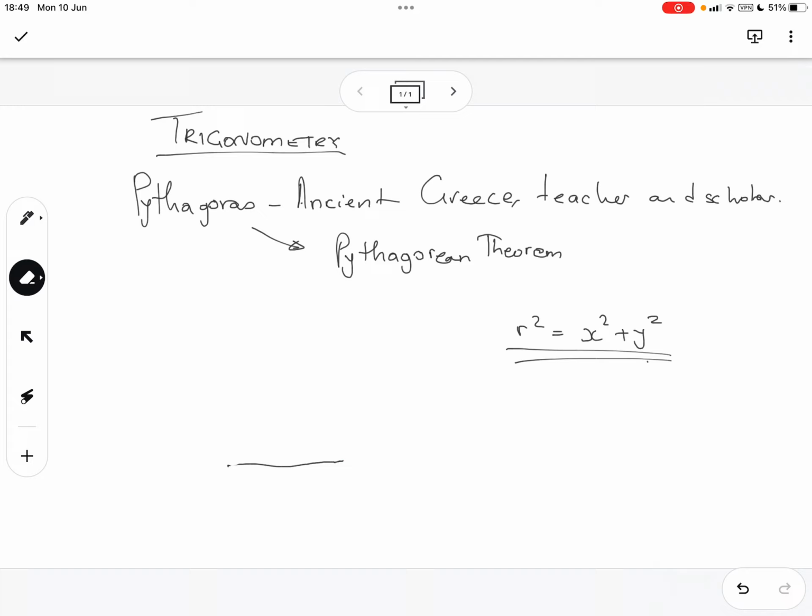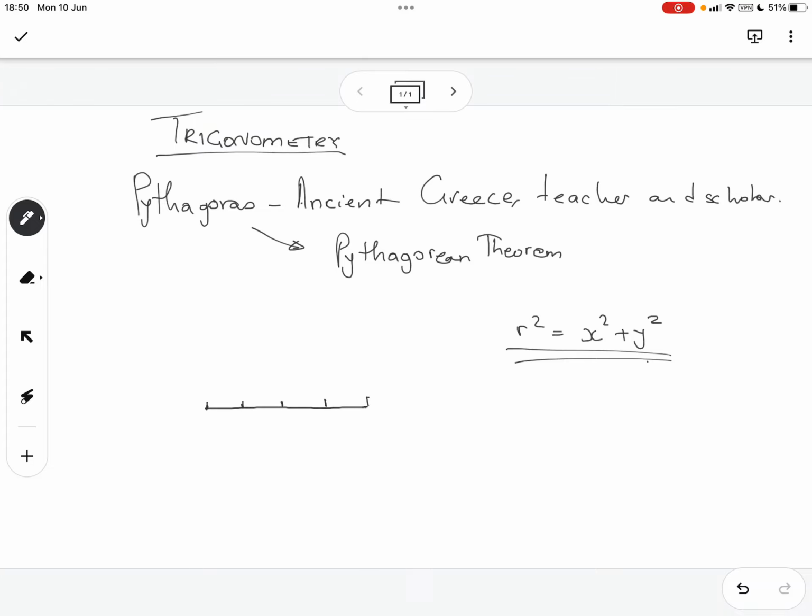Let me just draw this right angled triangle somewhere here. Let's say you have a right angled triangle. I want to make one side a bit longer, so that it's obvious.